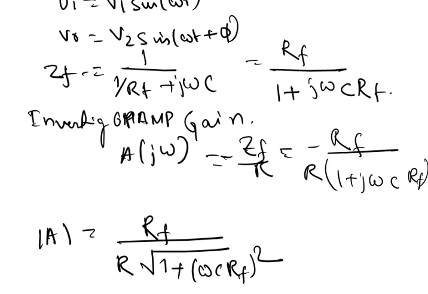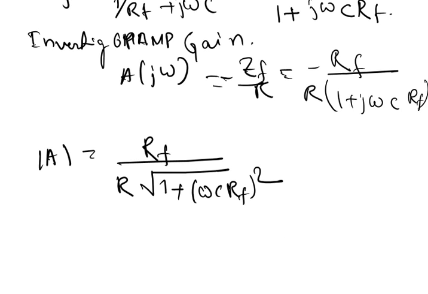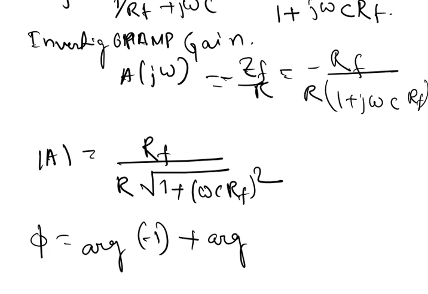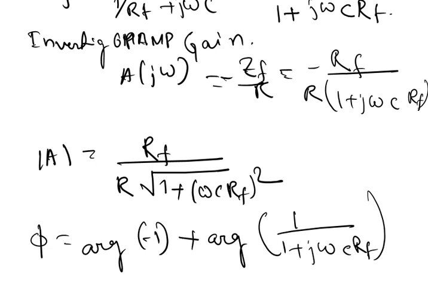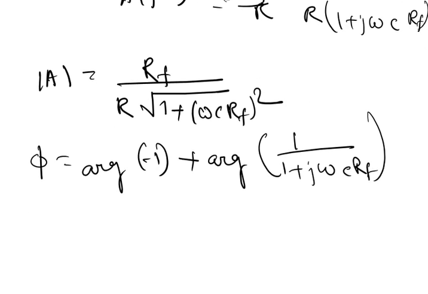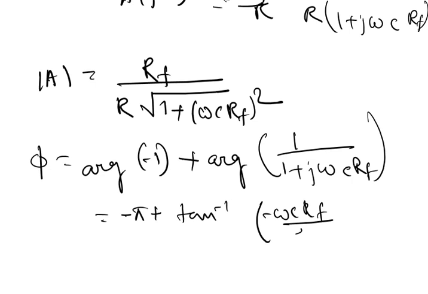For the phase, we can write phi equals the argument of minus 1 plus the argument of 1 plus j omega C RF. So the phase equals minus pi, minus tan inverse of omega C RF by 1.